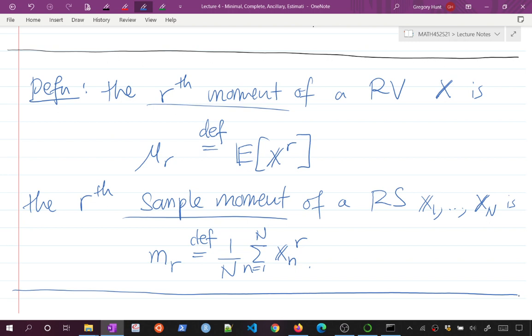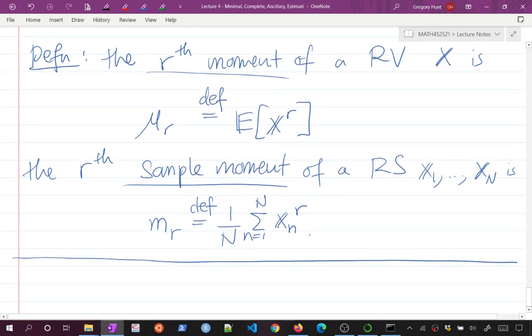And you might expect that if we have a large enough sample, the sample moment will start to look a lot like the population rth moment. That is, it's going to be a good approximation of the underlying true expected value.